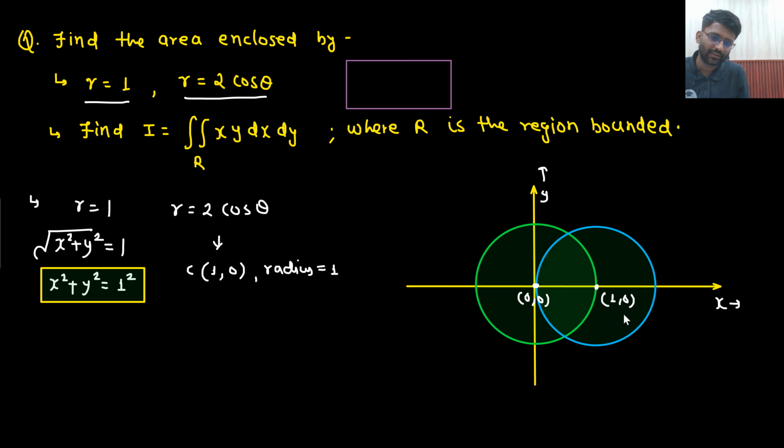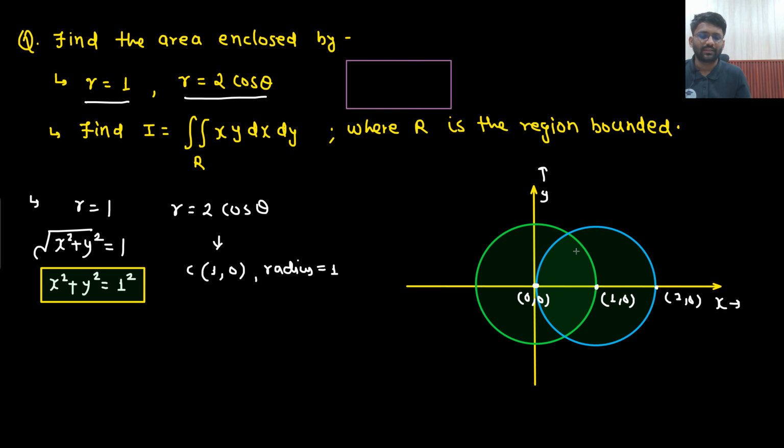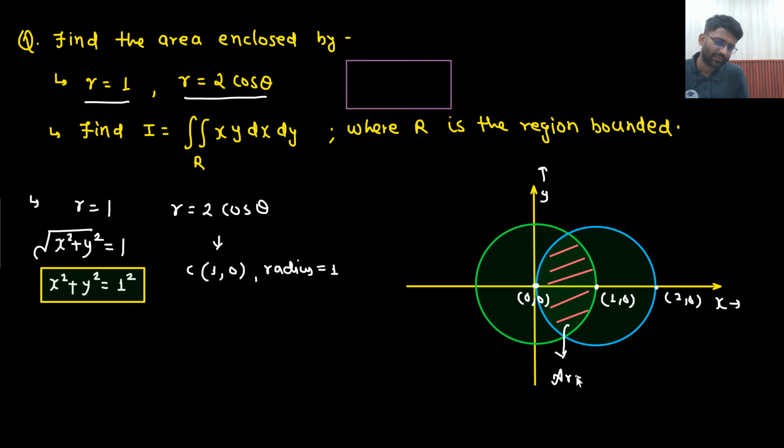This center is 0, 0. This center is 2, 0. So what is the area they are enclosing? This is the area that they are enclosing. This is the area enclosed.